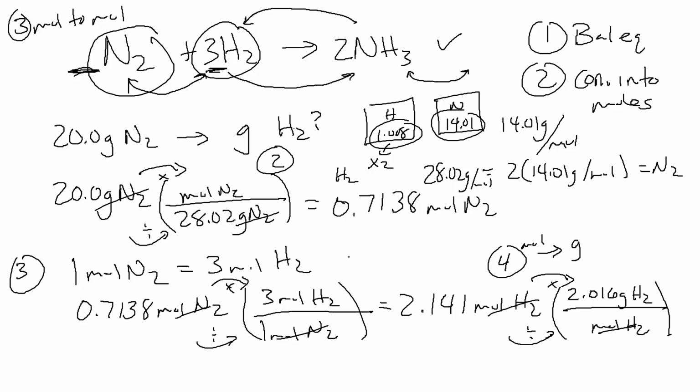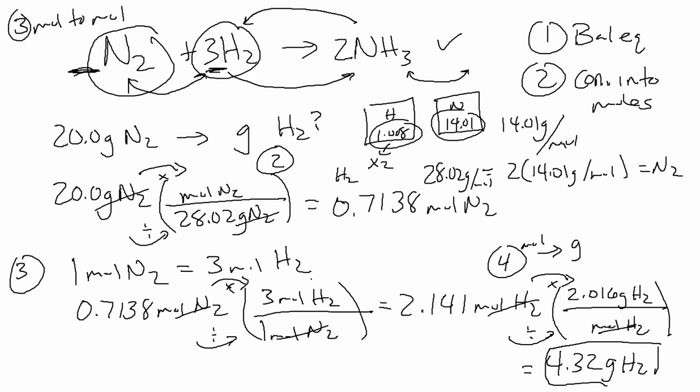We'll multiply by 2.016. Going to get us 4.32 grams of H2. So in this reaction, if we wanted to react 20 grams of nitrogen, we would have to put in there about 4.32 grams of hydrogen to react with it.